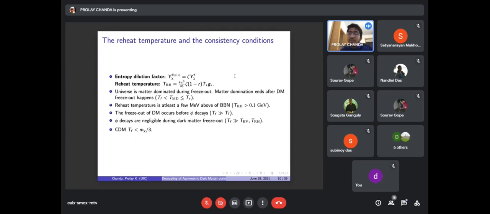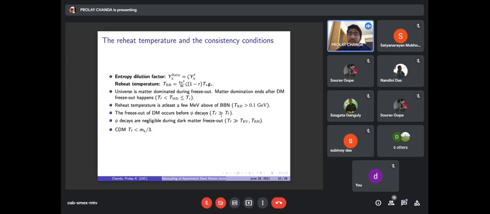The next is we don't want to destroy the successes of Big Bang nucleosynthesis, which was roughly given as, I think, 10 mega electron volt, but we remain conservative, so we choose the reheat temperature to be more than 0.11 giga electron volt. Then we consider that the freeze out of dark matter occurs before the phi decays, and we also consider the scenario where during the freeze out we can neglect the phi decay.